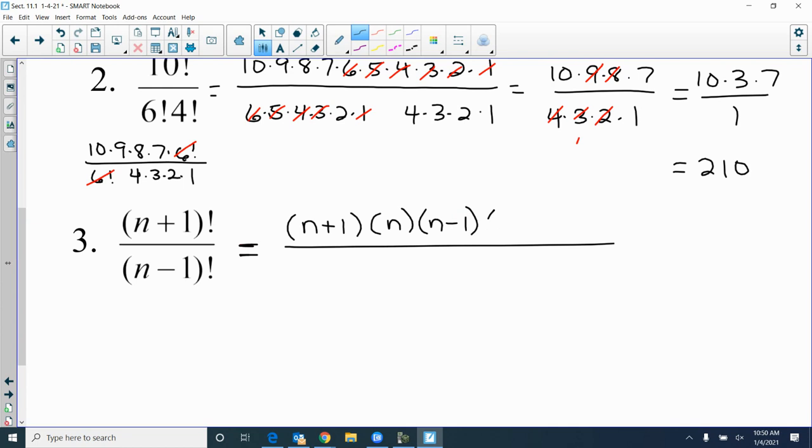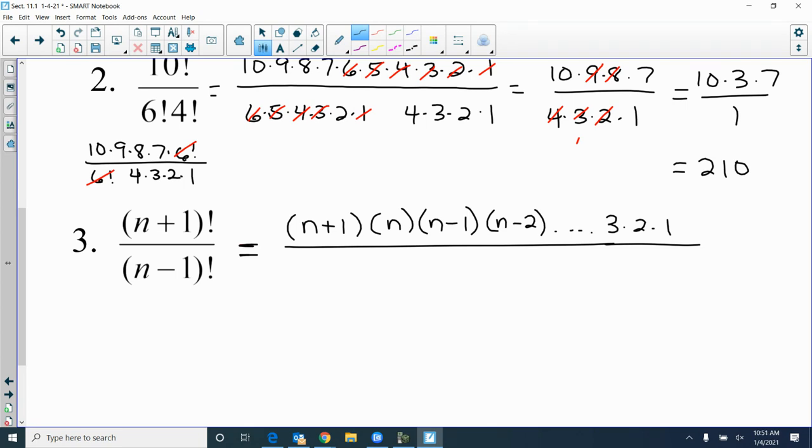And I'm going to subtract another 1, n minus 2. I keep doing that until I get down to 3, 2, and 1. I could keep writing n minus 3 and n minus 4, but eventually it goes all the way down to 1 no matter where it starts. n always has to be positive. You can't start in a negative number. So if n is 15, 15 plus 1 would be 16, 15, 14, 13, all the way down.